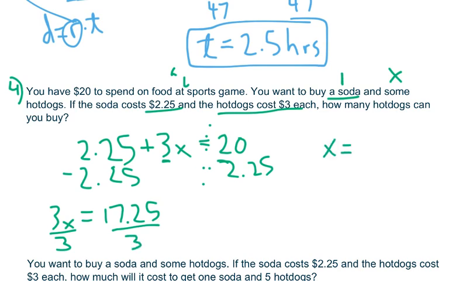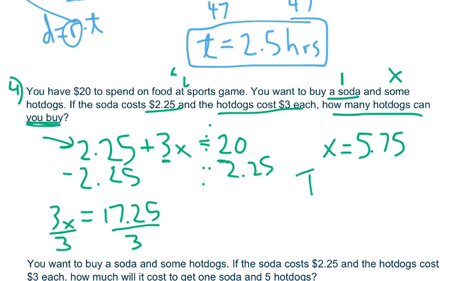And x equals 5.75. All right, cool. So now I've done everything. I've set up the equation. I solved the equation. Do a dot check. That makes sense. 5.75. Now the thing is, I need to answer the question. How many hot dogs can I buy?